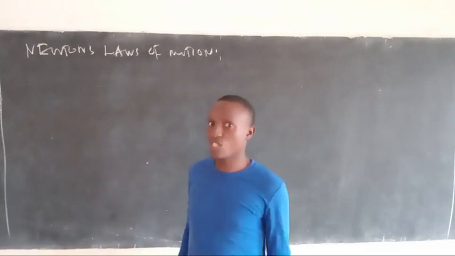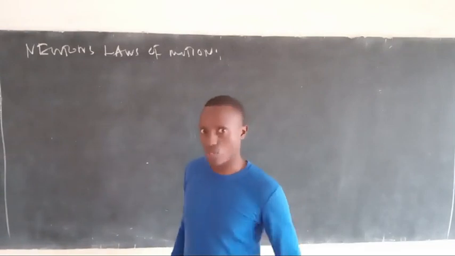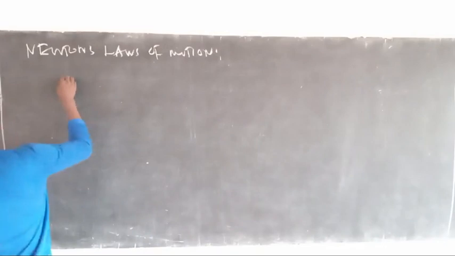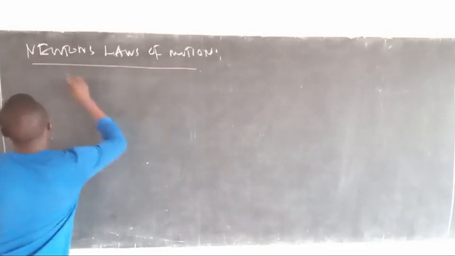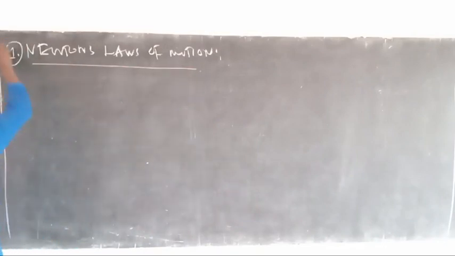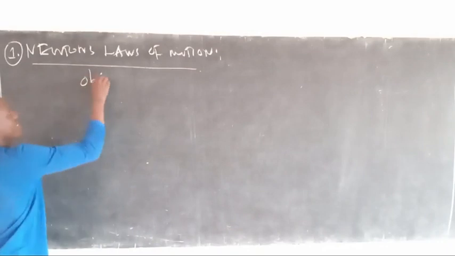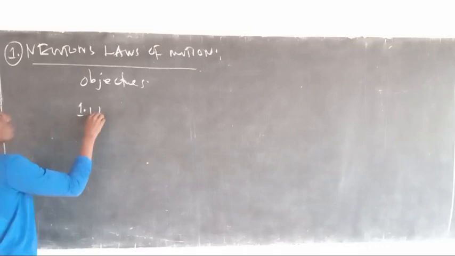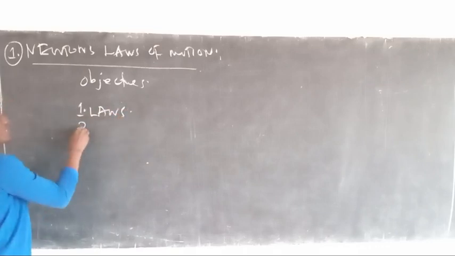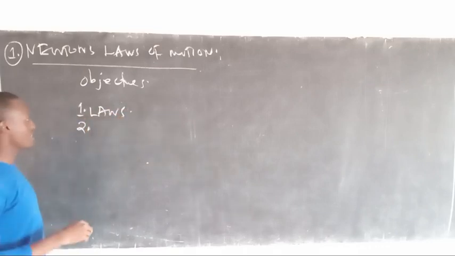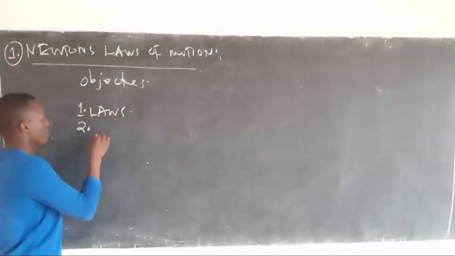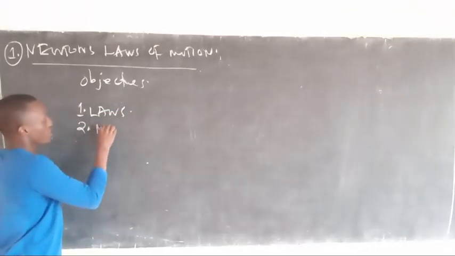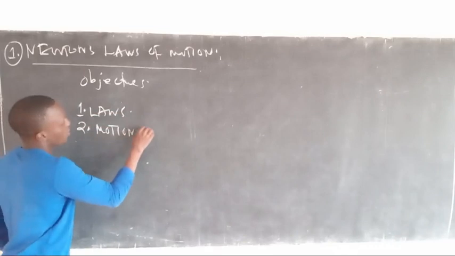The first thing you need to discuss here is about the laws. This is number 1 in mechanics. The second thing you need to understand is the motion of connected bodies.